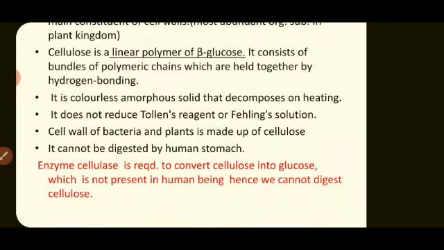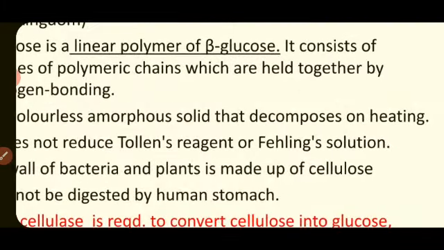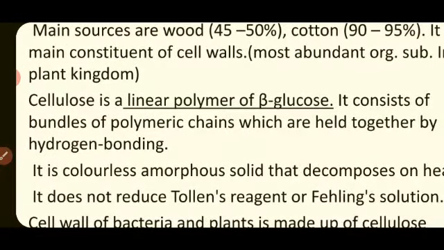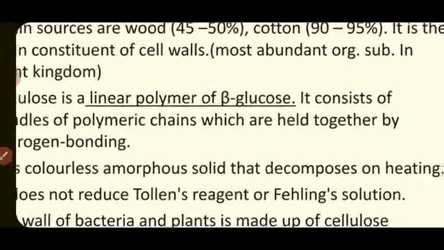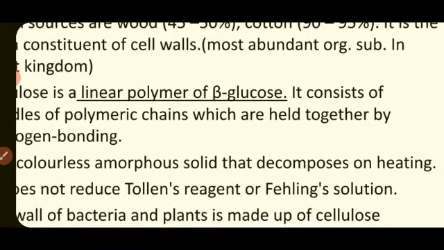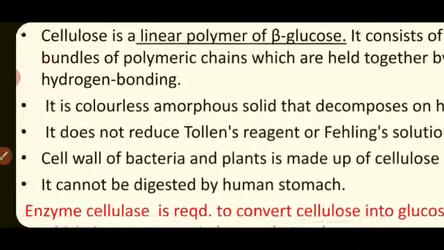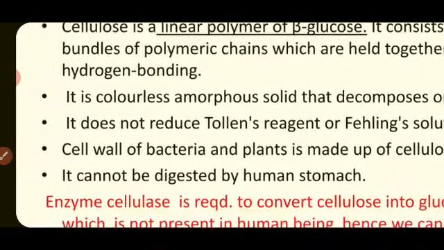Cellulose is a linear polymer of beta glucose. Just see here, there is no branching at all in cellulose. Cellulose is a linear polymer, means straight chain polymer of beta glucose. A large number of beta glucose molecules are linked together. It consists of bundles of polymeric chains which are held together by hydrogen bonding.